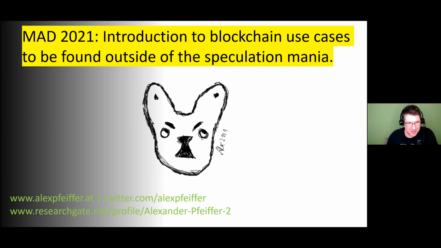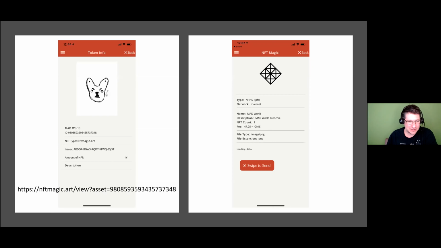But let me start with some speculation, as we also have a talk about the NFT magic later on today. I participated in the NFT Magic Christmas calendar challenge, and I had to paint a Frenchie and upload it as an NFT. So this is something I did today.